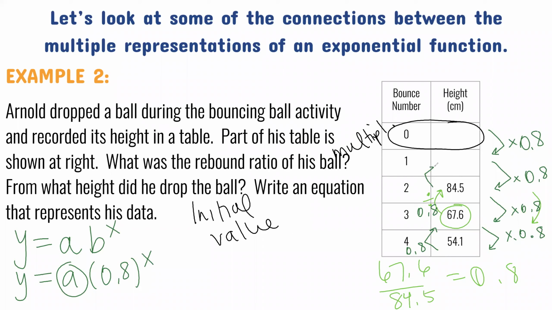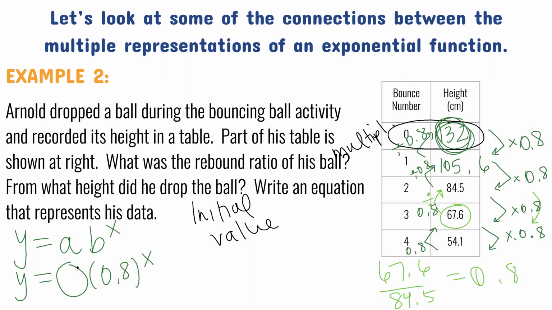And so let's figure out going backwards. Let's do 84.5 divided by 0.8, and you get approximately 105.6. And we need our initial value, right? So I'm going to divide that number by 0.8. 105.6 divided by 0.8 is 132. How beautiful. Okay, so that is our a value.